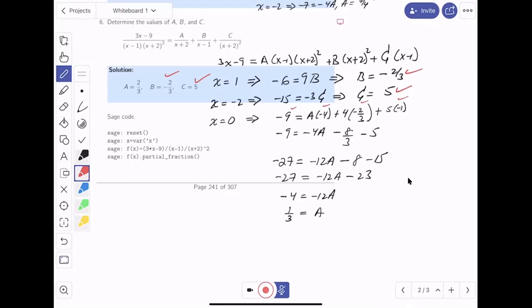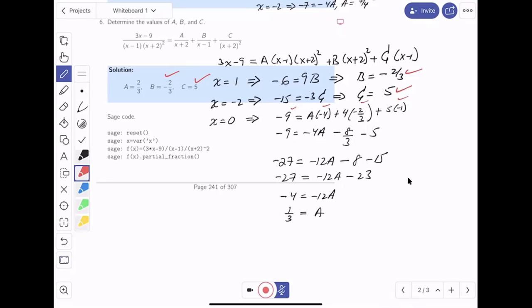And 0 times c, I'm sorry, 0 minus 5. And I said 3, right? Minus 27, minus 12, minus 8, minus 15, minus 23, 27, minus 4, minus 12.